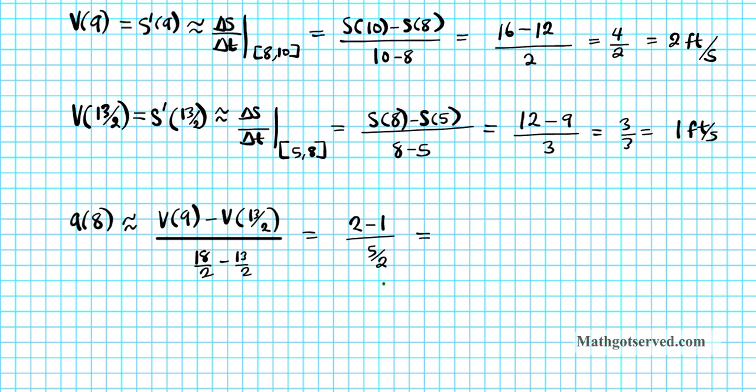So in the numerator we have 1, times the reciprocal of the denominator, 2 over 5. If you multiply across, you're going to have 2 over 5. And the unit of acceleration is feet per second squared. So that basically is your approximate instantaneous acceleration at t equals 8 seconds.